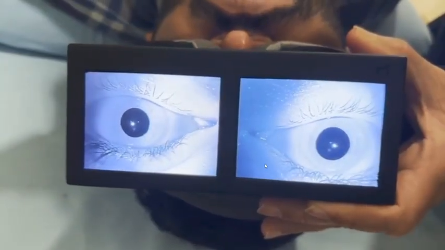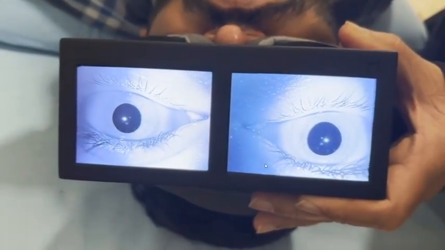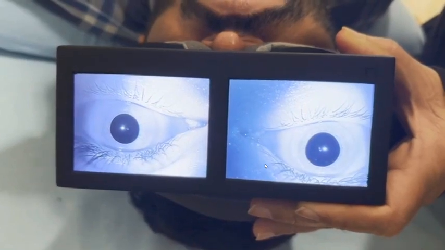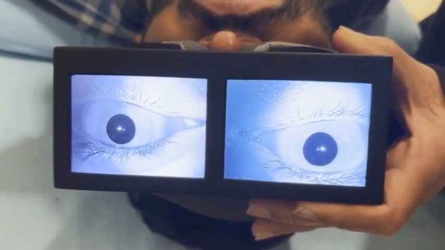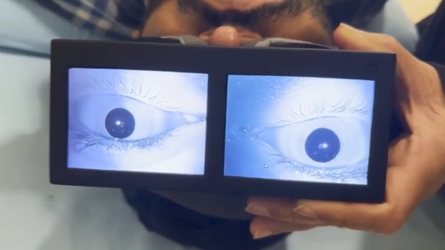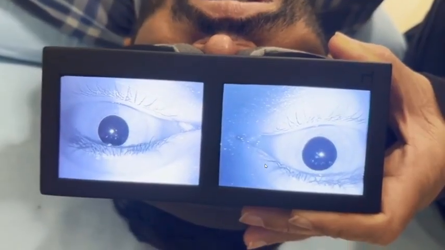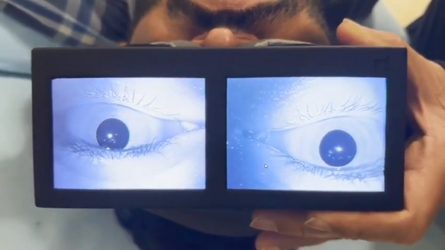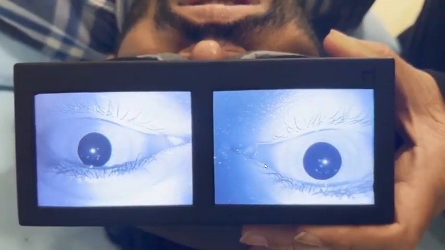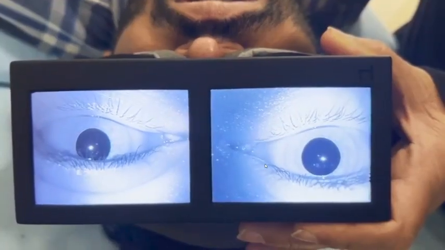In this patient, you see micro square wave jerks, so don't confuse them. Right now, you are seeing the micro square wave jerks. And when the positional nystagmus starts, I'll just shout, here it starts. So here it starts.